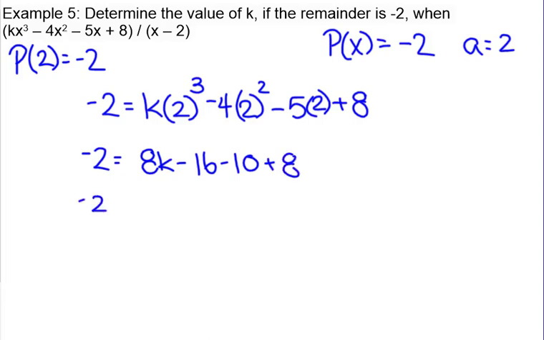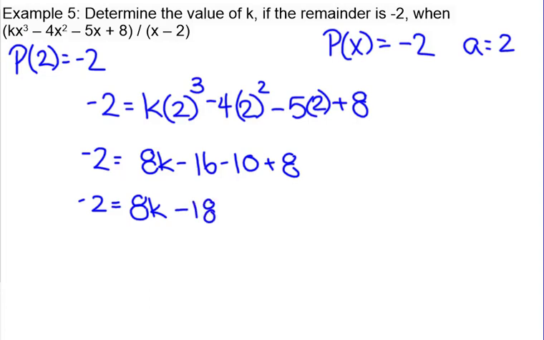So -2 is equal to 8k. -16 subtract 10 is -26 plus 8 is -18.